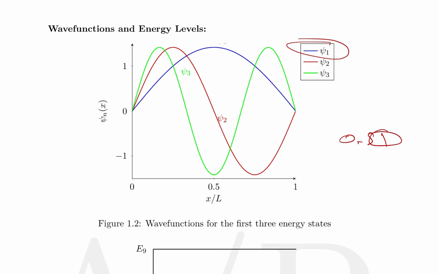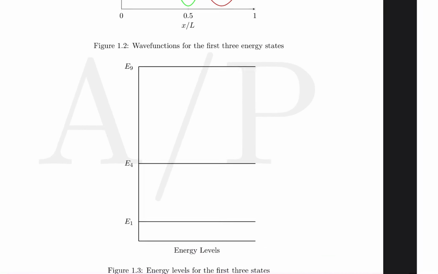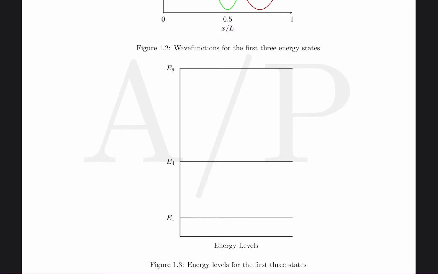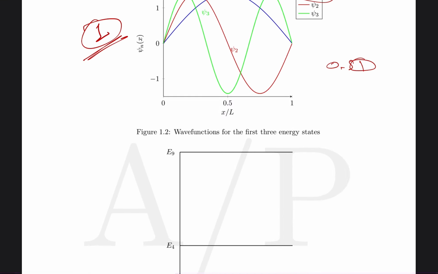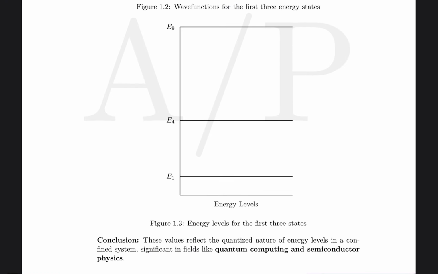This is very, very important. If you make it, you definitely gain 1 mark extra. This will attract the examiner. Now for the energy levels, this was for the wave functions. For the energy levels, E1 is here and then E4 and E9 are here.